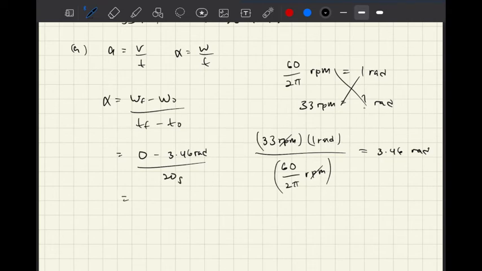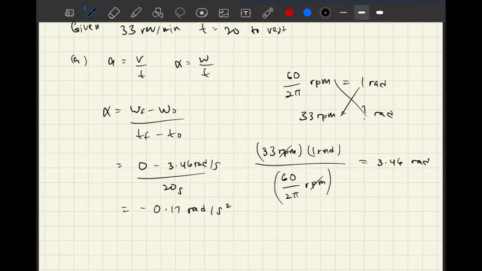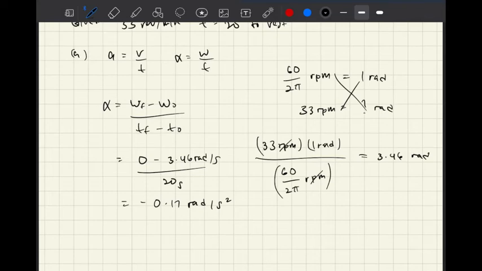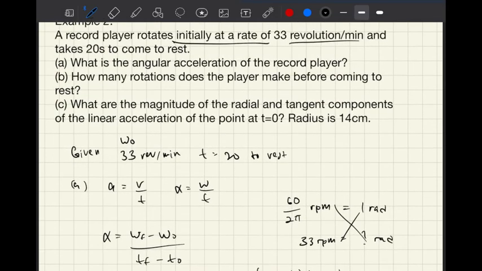So the final answer will be negative 0.17 radian per second squared. The negative in front of the answer shows that it is slowing down. Don't worry about the negative in the answer.